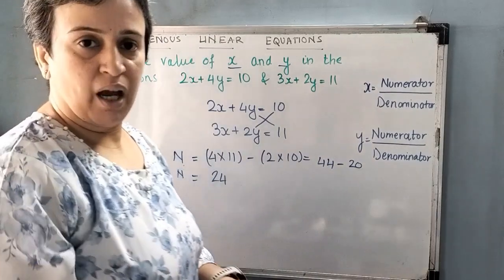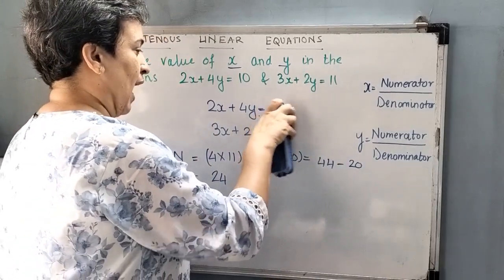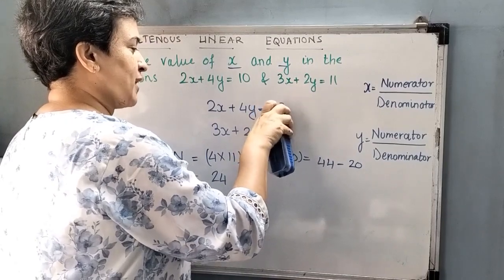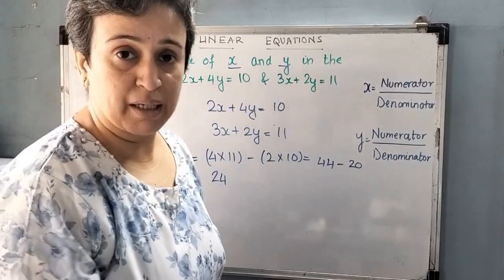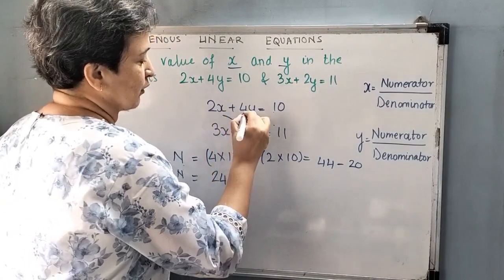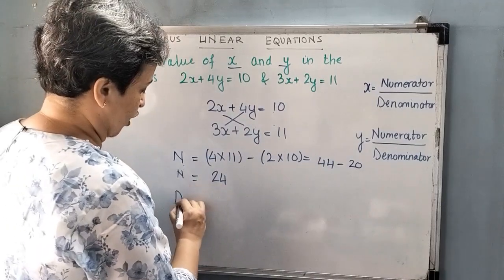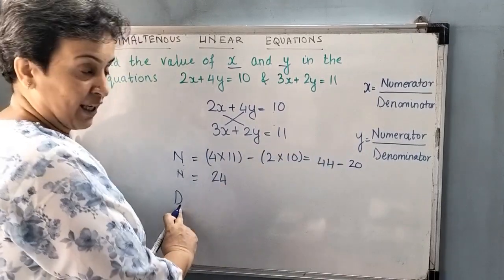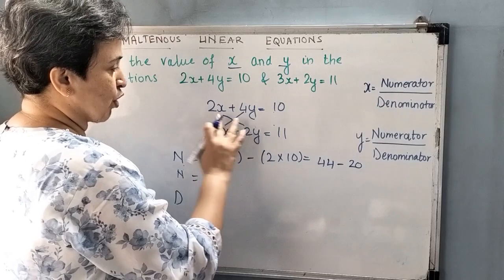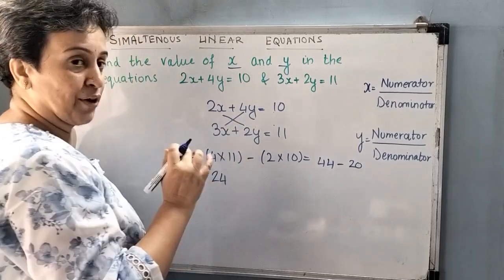Now similarly for finding the denominator, I will put the cross sign, but the values that will be considered will be slightly different. The coefficients of x and y in both equations will be considered for the denominator. I am representing the denominator as d. I take only the coefficients.